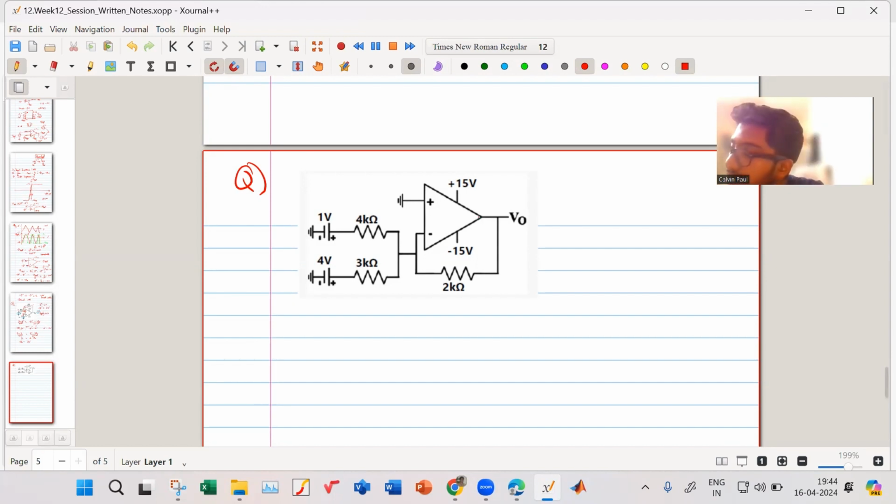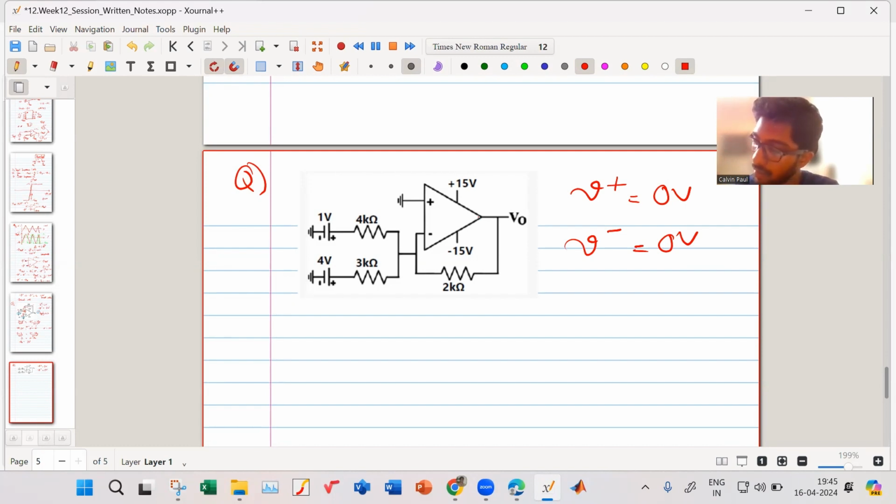So, what is your V plus? 0, it is connected to the ground. Yes, it is 0 volt. So what should be your V minus? It should also be 0 volt. Is it 0? That we don't know.